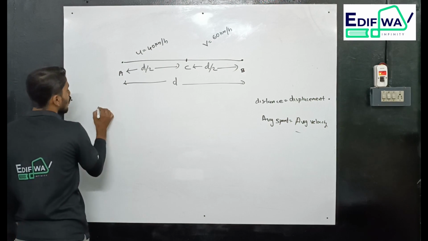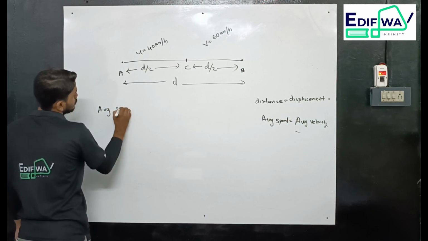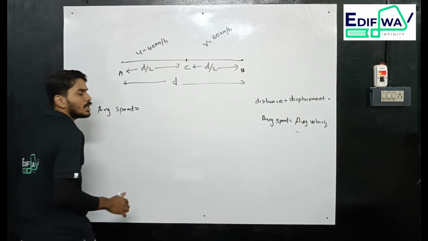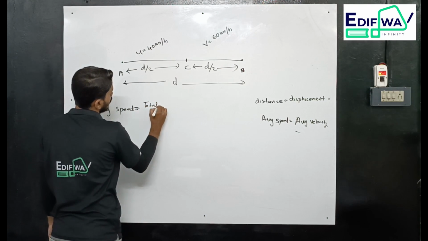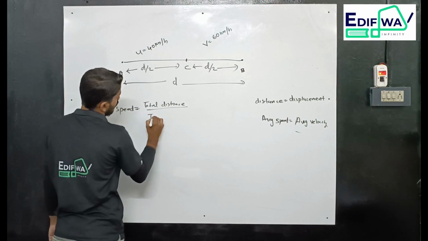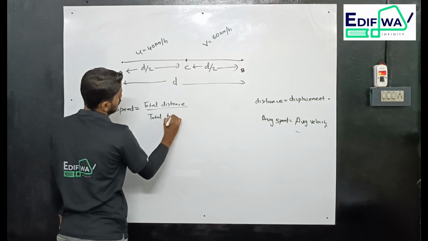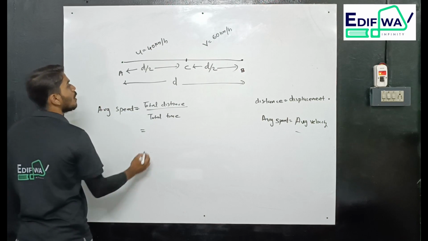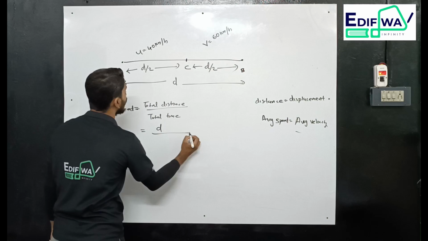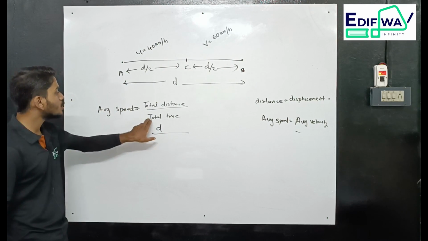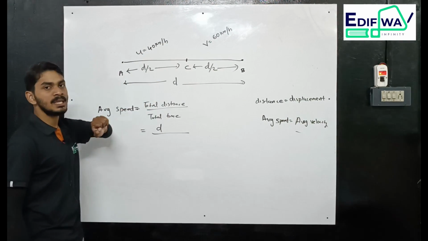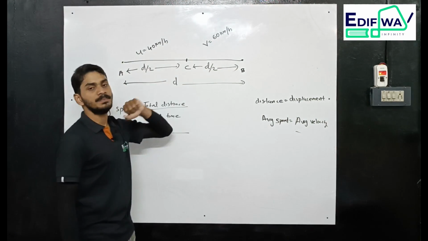You know average speed is equal to total distance by total time, right? What is the total distance covered? Yes, d is the total distance. And what about the total time? Okay, so we need the time to cover AC and the time to cover CB, right?